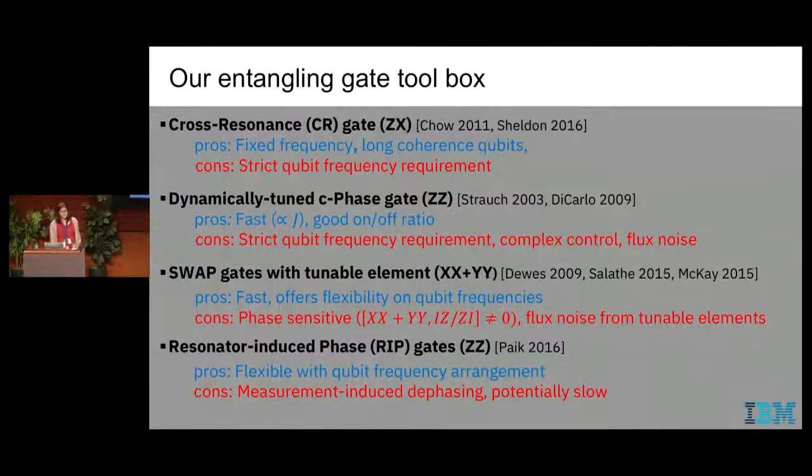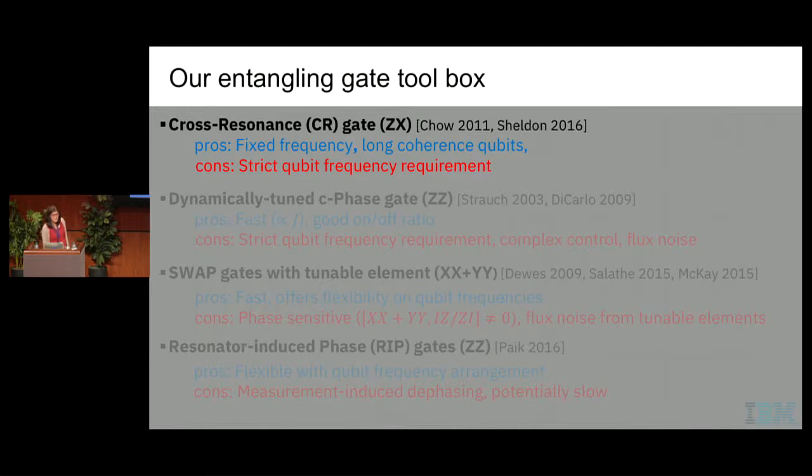How about 2-qubit gates? In superconducting qubits, there are different types of 2-qubit gates that you could use. Here's a list, but for this talk, I'm going to focus on the first one, the cross-resonance gate. It's the CR gate. The pro is that you could use fixed frequency qubits, and it has fairly long coherence. But the cross-resonance gate works well within a certain frequency range, so that could be difficult.